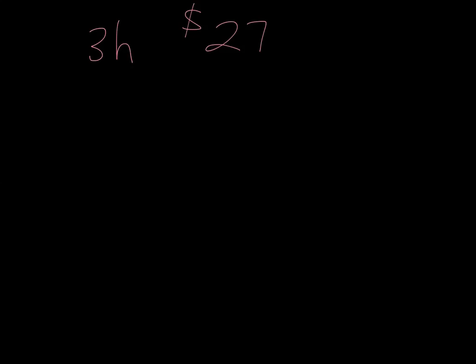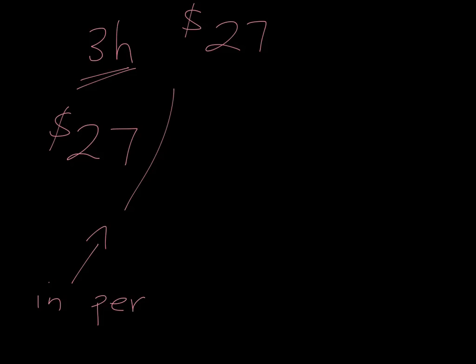What if I said, write a rate for Peter's earnings in 3 hours, and use the 3 hours as the second term? What that means is you would write it as a rate. So he made $27 in, so this line could mean in or per 3 hours. That's how you would write a rate. You would write one thing on one side with a unit, and comparing something on the other side, again with a unit.